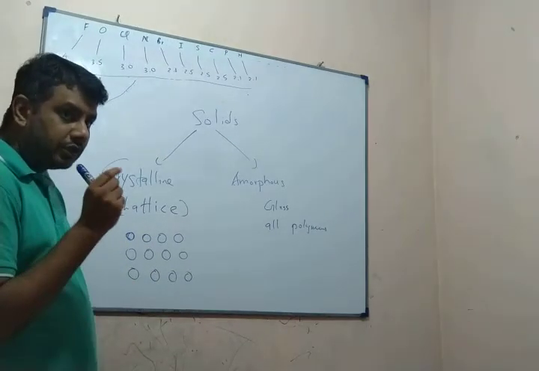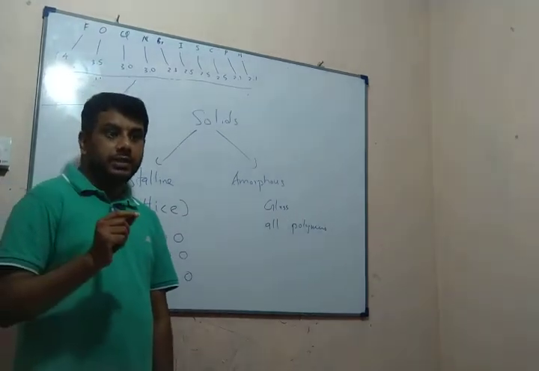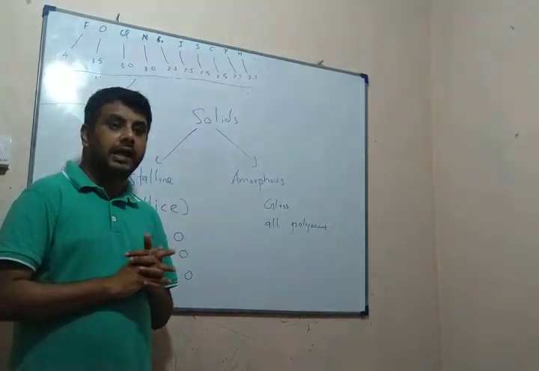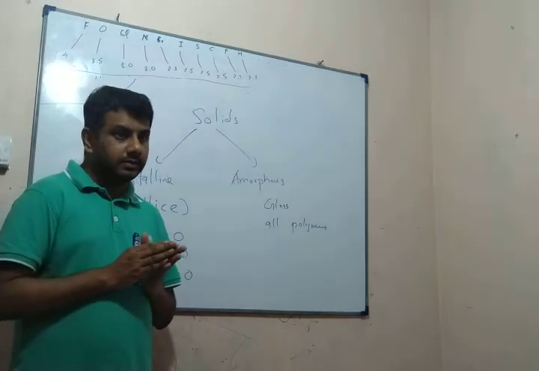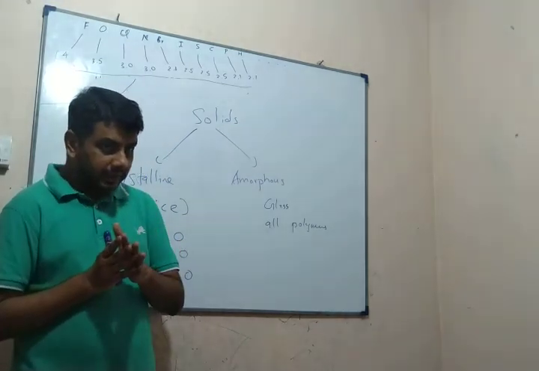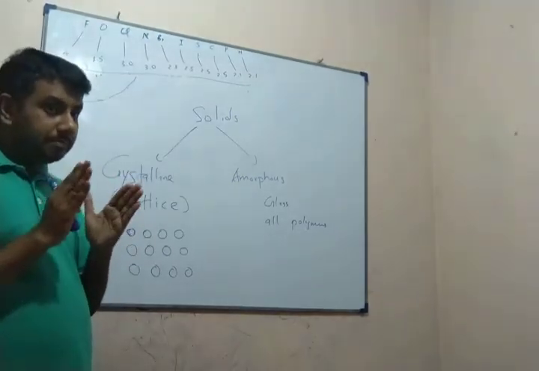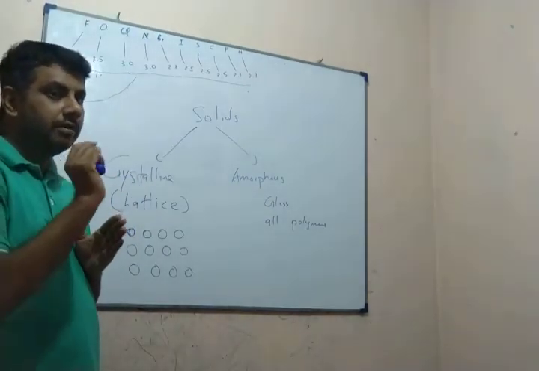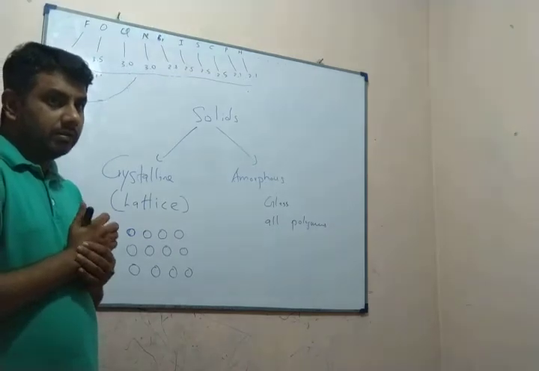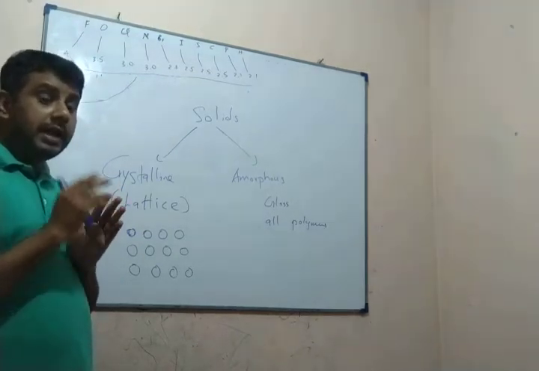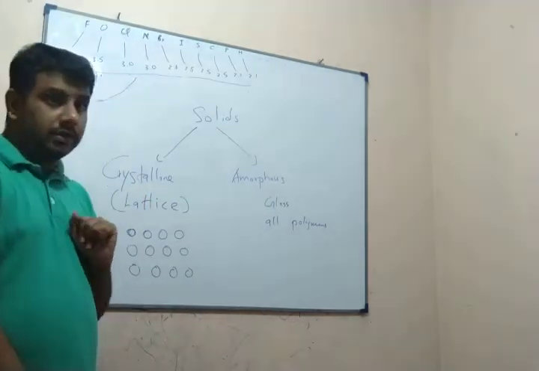It starts to melt at 0 degrees C and completes its melting at 0 degrees C. Got it? It starts at 0 and finishes also at 0. That means a sharp melting point. That's the most important and unique feature of crystalline solids.